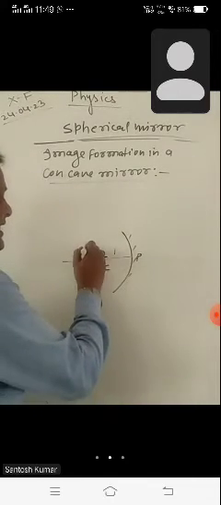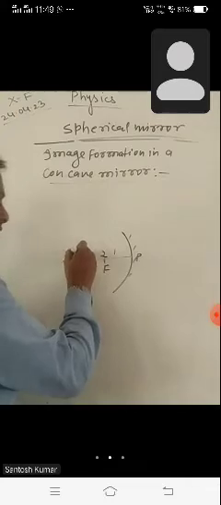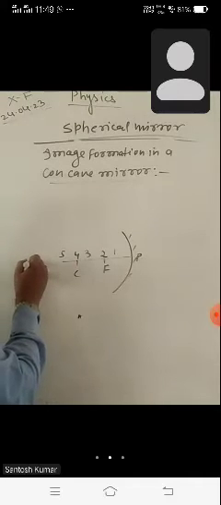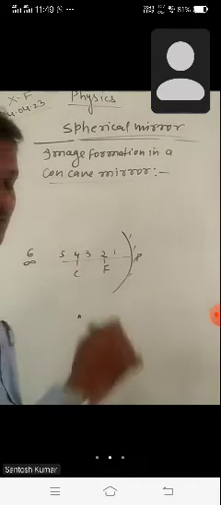So it is the second position. Third, between C and F. Fourth, exactly at C. Fifth, beyond C, out of C. And sixth, very, very far away, that is at infinity.